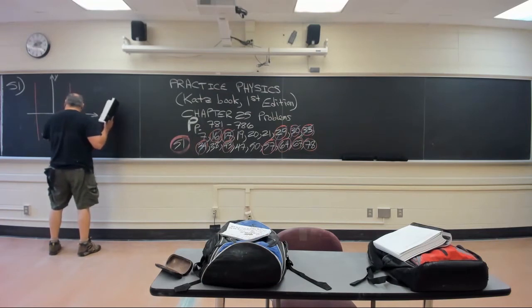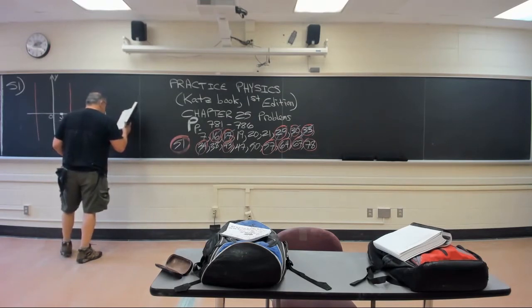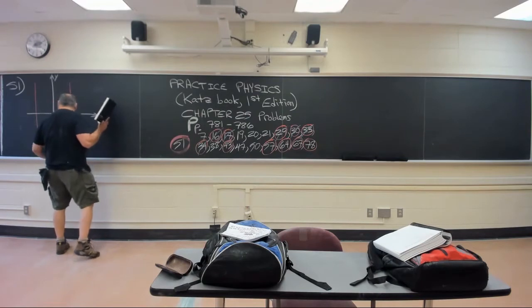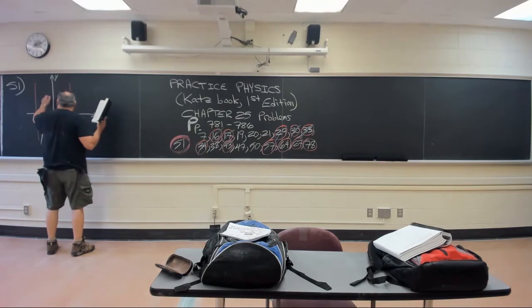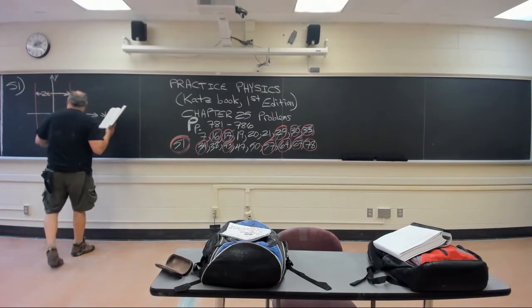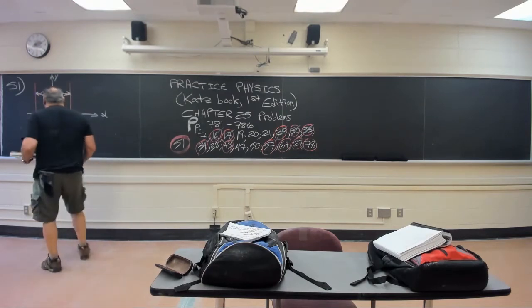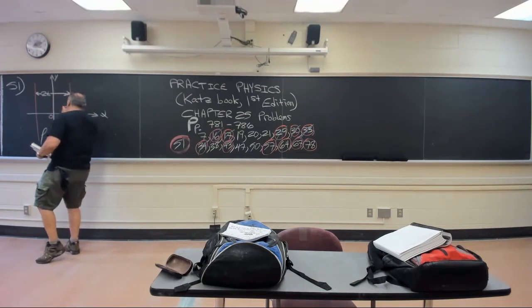Notice how x gets used quite a bit. It can be an axis, or it can be an actual variable. You just have to be aware of the context in which something is going on. Here's the origin, 0, 0, so its x value is equal to that. This whole thing has a volume charge density of rho, and the thickness is 2t, where t is some number. What does that mean? Well, given the symmetry here, it's t this way and t that way. t plus t is 2t.